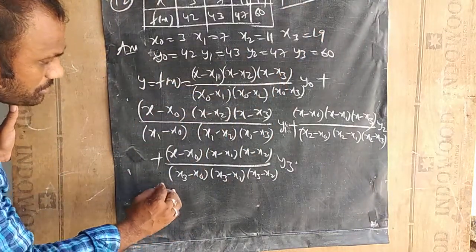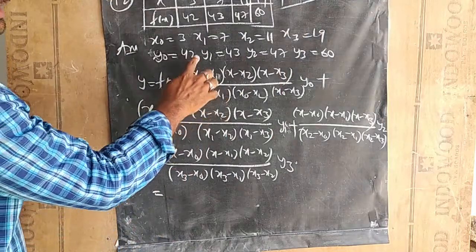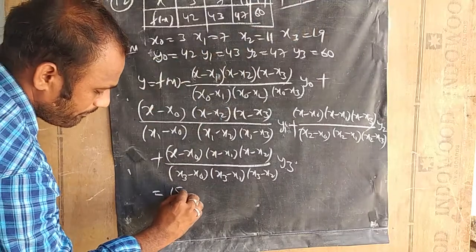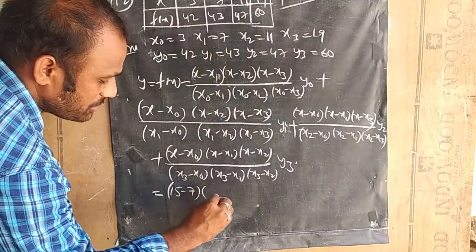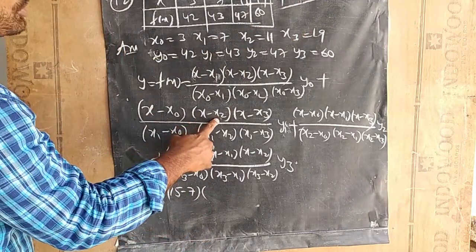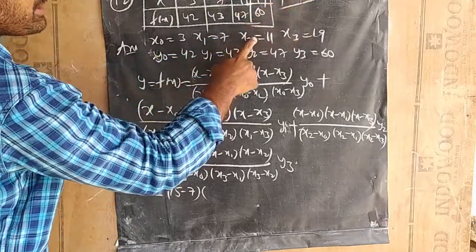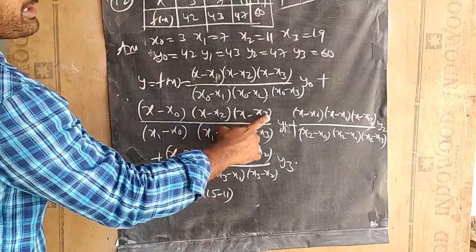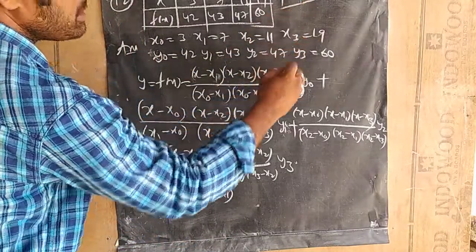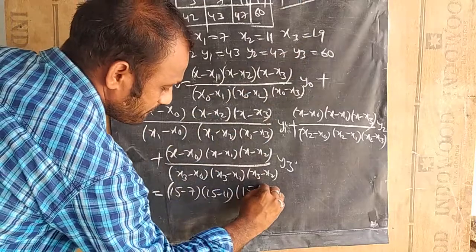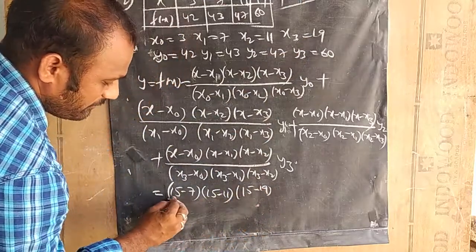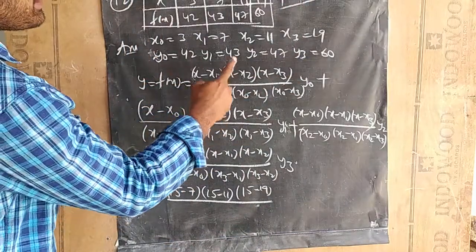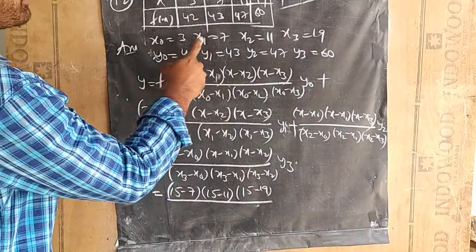y equals x minus x1, which means 15 minus 7, into x minus x2, which means 15 minus 11, into x minus x3, 15 minus 19, divided by x0 minus x1, 3 minus 7.